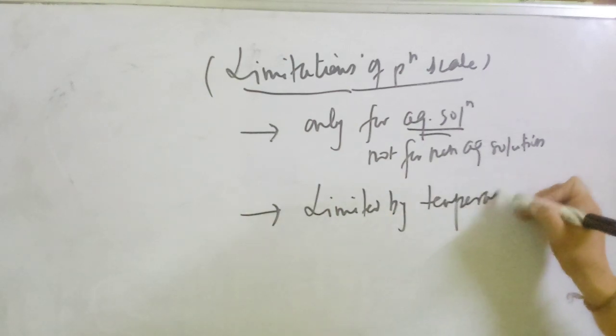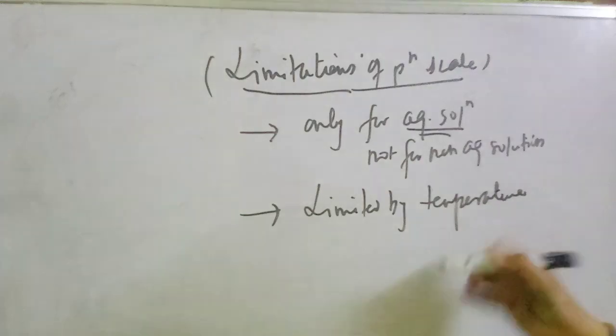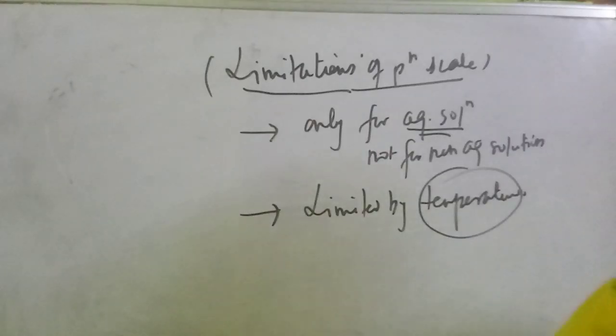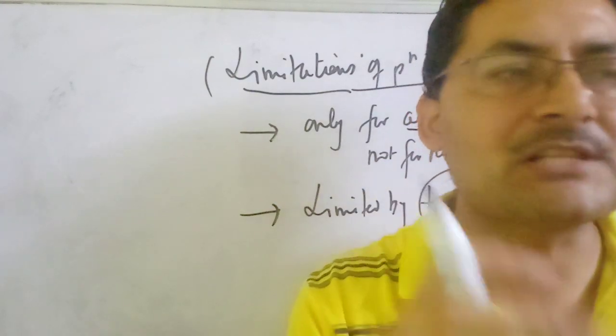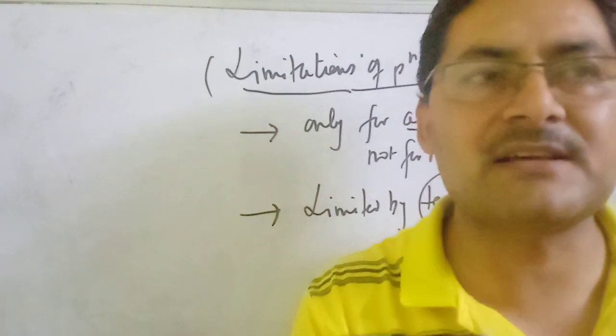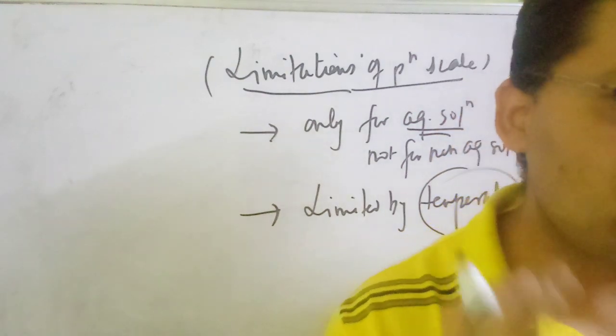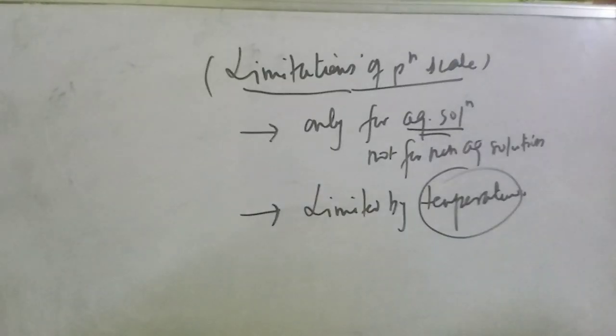Whenever you measure the pH, at that time you must mention the temperature, because at a particular temperature the pH value will change, and if you say the pH of a certain thing is this much, then you must mention at what temperature this pH is. So the concept of the pH scale is limited by the temperature.